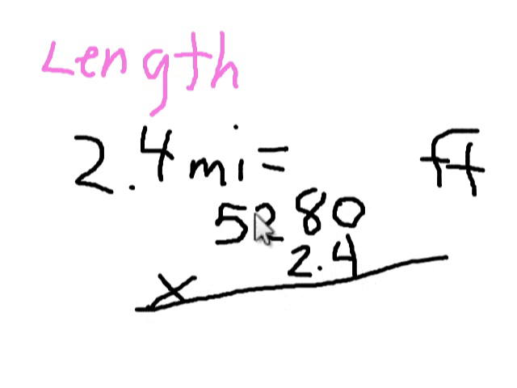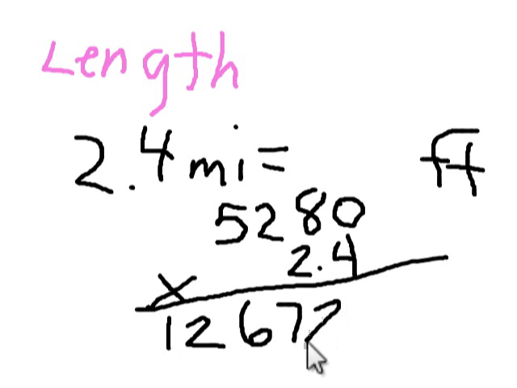So you notice I didn't line up the decimal points because I don't need to. If you want to, that's up to you, but it complicates your problem. All I have to do is multiply 5,280 times 2.4, and I don't have room there to do it, so I'm going to do it off to the side. When you add those two numbers after you do the multiplication, 1, 2, 6, 7, 2, 0.